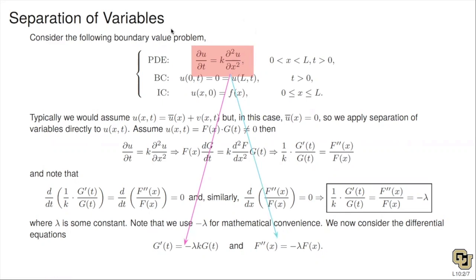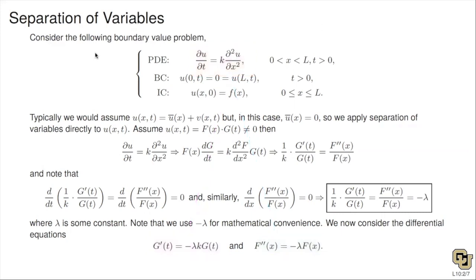And so now the plan moving forward is to solve each one of these separately and then combine the solutions into what we call a product solution. And then to use the vector space theory, which says if you have more than one solution, then any linear combination of that will again be a solution. And here, once we've solved both equations and combined them, we'll have more than one solution. We'll have infinitely many linearly independent solutions, okay?